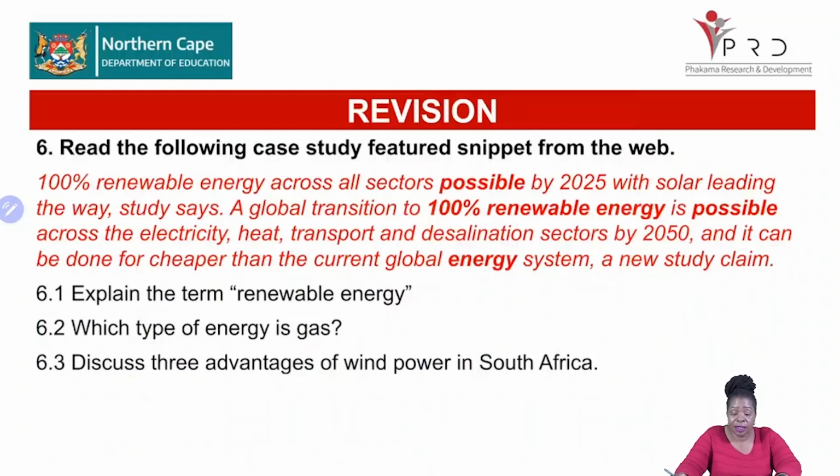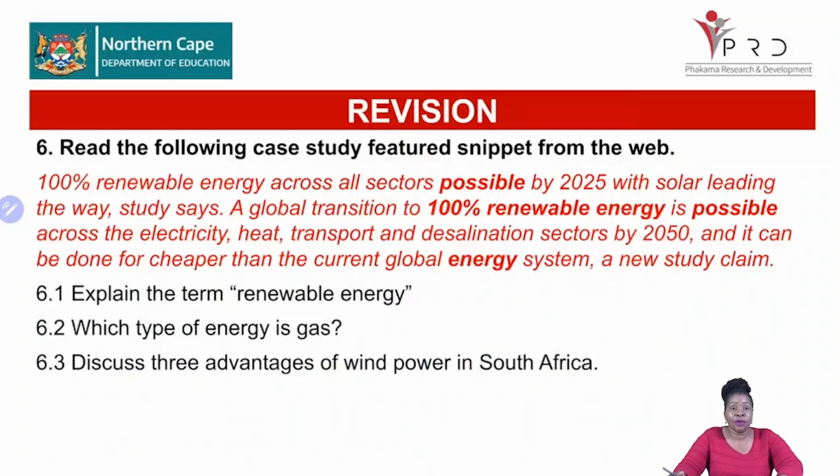A global transition to 100% renewable energy is possible across the electricity, heat, transport, and desalination sectors by 2050. And it can be done for cheaper than the current global energy system, a new study claims, right?